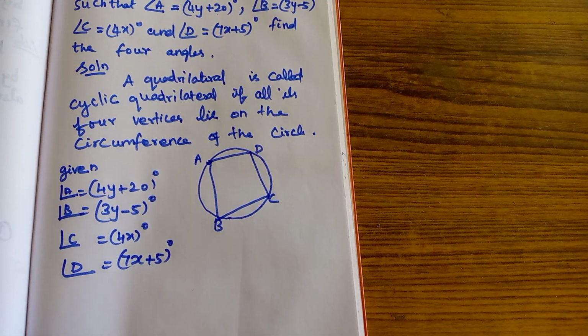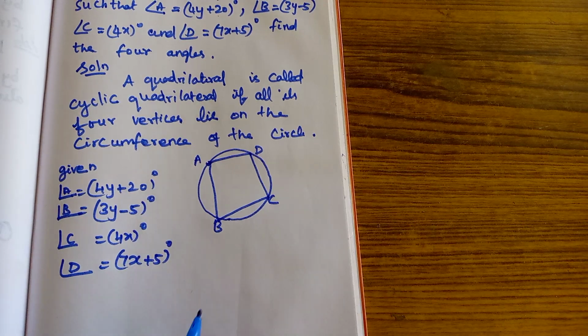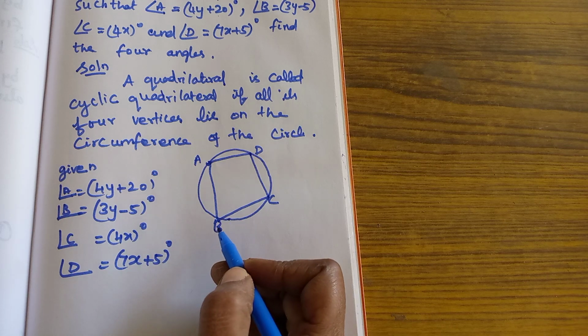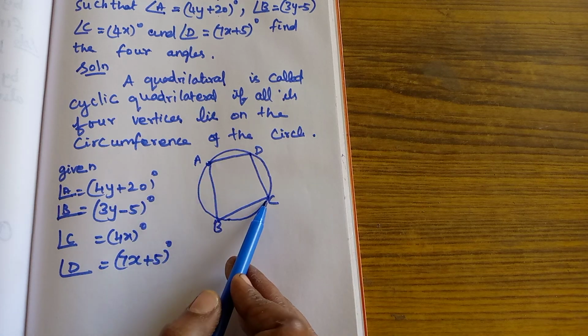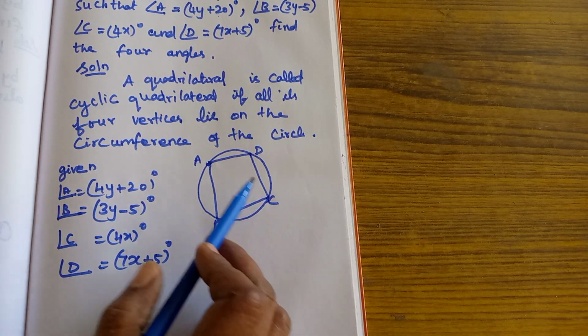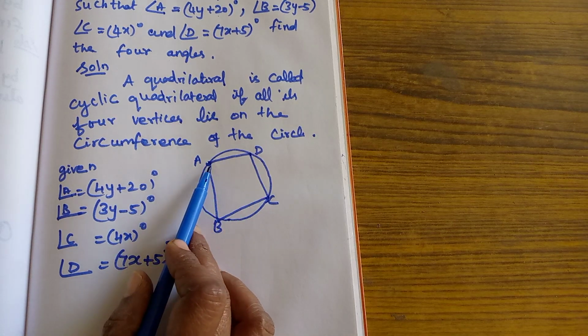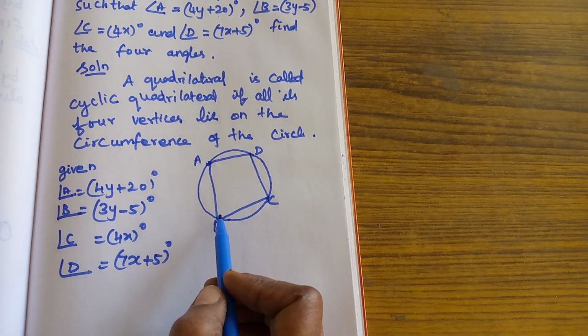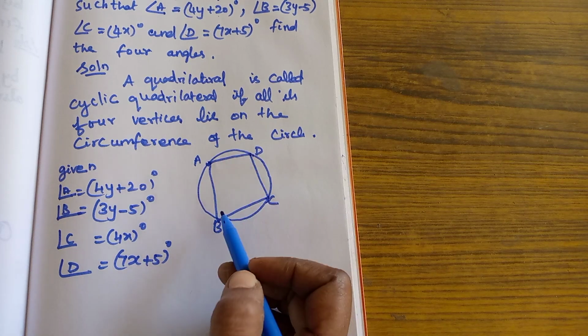So, we have to find the 4 angles. We know that in a cyclic quadrilateral, sum of the opposite angles is 180 degrees. Here A and C are the opposite angles, and this total will be 180 degrees, as well as B and D are the opposite angles, and this total will be 180.